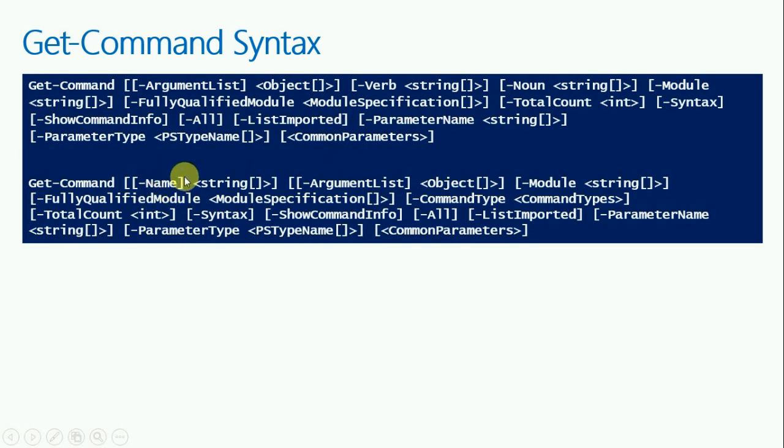Since Name contains the verb and noun, there is no need to pass the verb or noun when we are passing the Name. And if we are passing either the verb or noun, there is no need to pass the Name. This is how we can use Get-Command, and we have to keep this in mind while using this syntax.